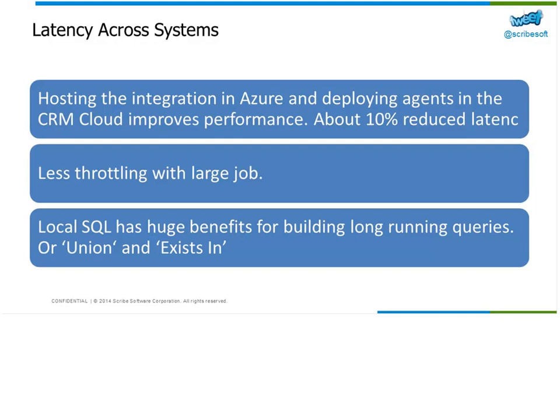Let's talk a little bit about latency, because it has a big impact on lots of different things. Latency from my source system, when it's sitting on-premise in a hybrid integration to a target, has a big impact on my user's experience, but also on my integration moving data back and forth.